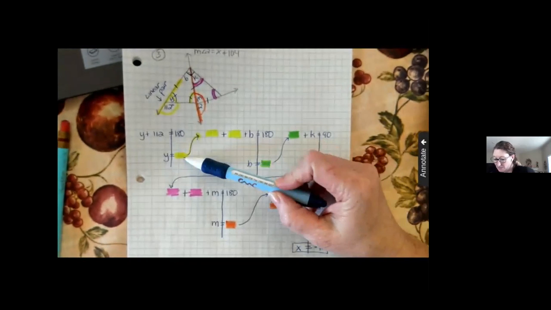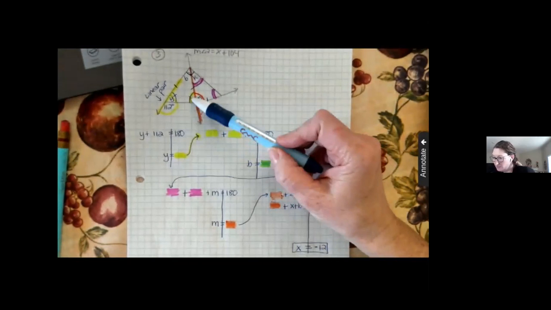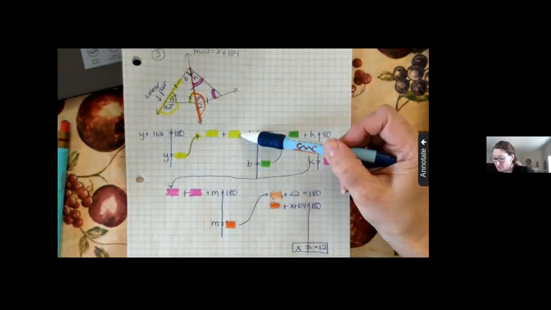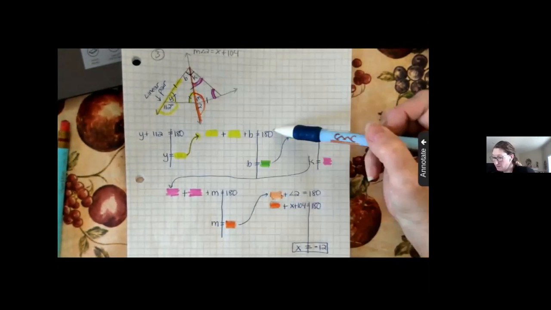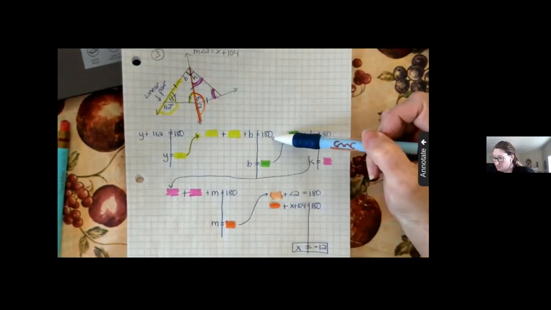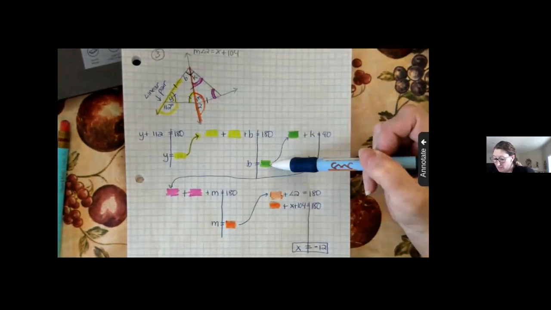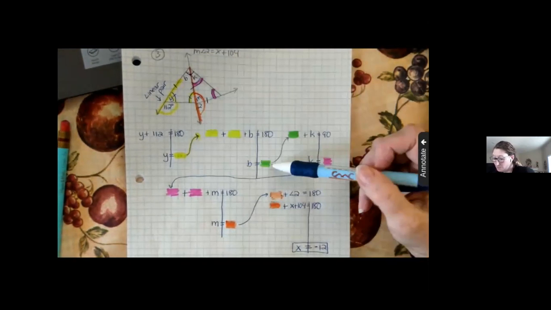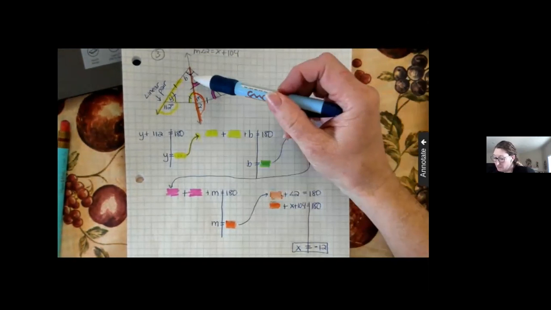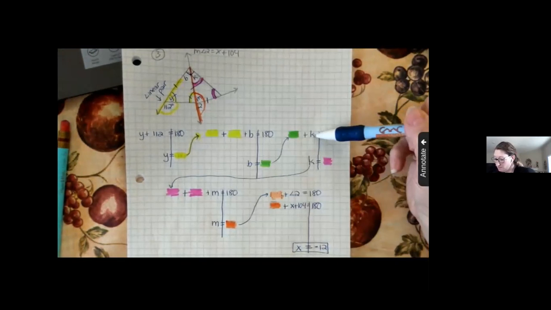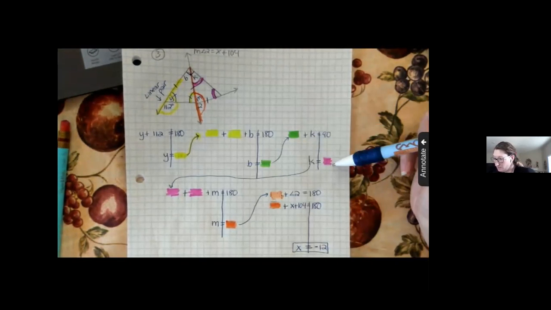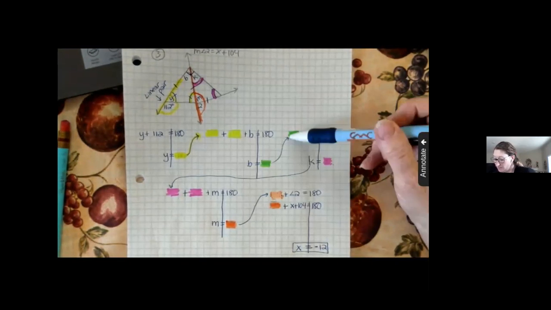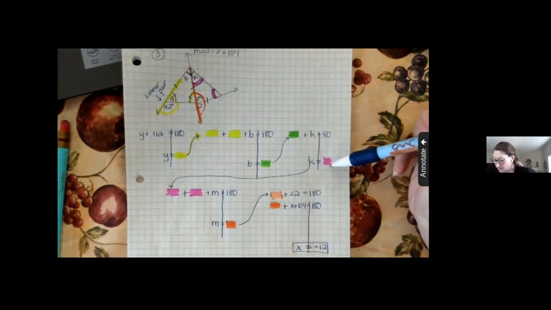Whatever my answer is, I need that because y is part of my isosceles two base angles. If I add the answer to y and the answer to y plus b together, I get 180. And I know that b is part of a 90-degree angle. So if I take b plus the other part of the 90-degree angle, k, and figure out its value, I take away b from 90 and get k.